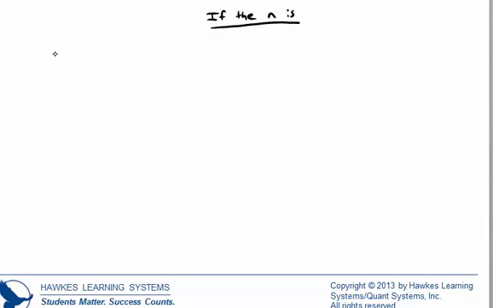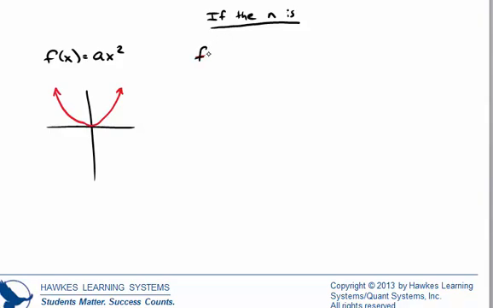So we've already said that if our exponent is 2, we graph this parabola. So what happens if the exponent increases to 4, which would be our next even number?